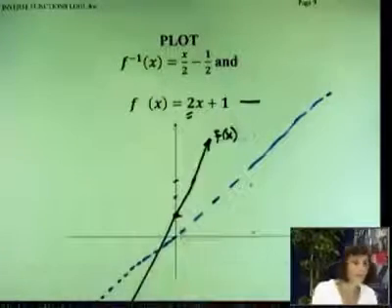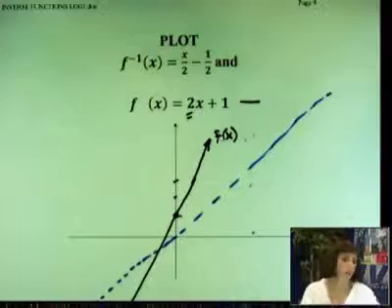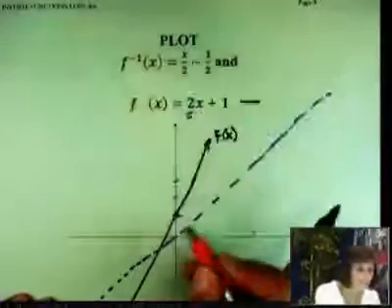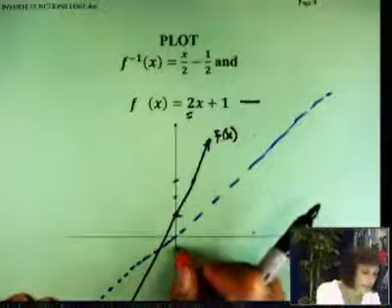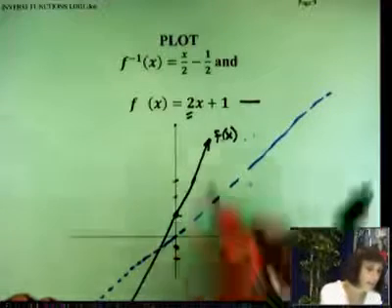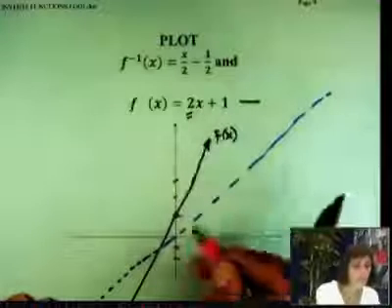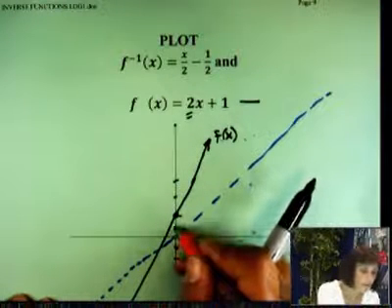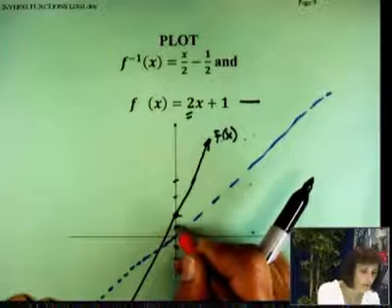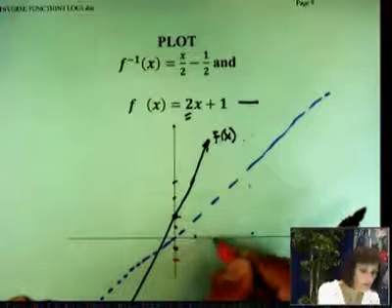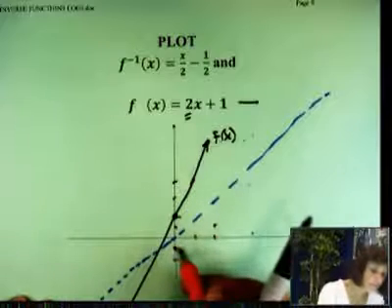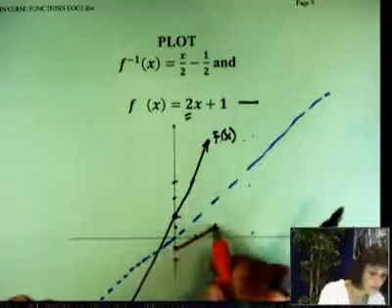Let's do f inverse of x. I'm going to do that with orange. f inverse has a y-intercept of negative 1/2. Here's negative 1/2. And its slope is 1/2. So I'm going to go 1, and then I'm going to go 2. Here it is. When I draw these two things, watch what it's going to look like.